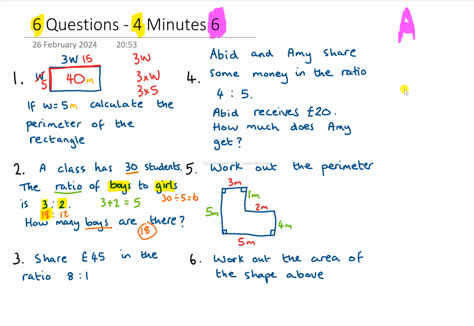Now, this one, how would you do this? There's £45. That needs to be shared in the ratio of 8 to 1. 8 plus 1 equals 9. 45 divided by 9 is 5.